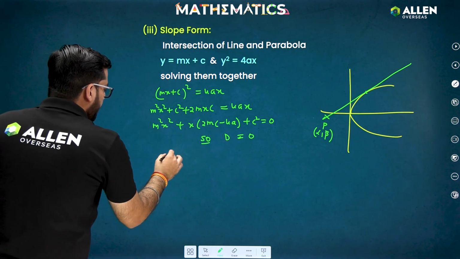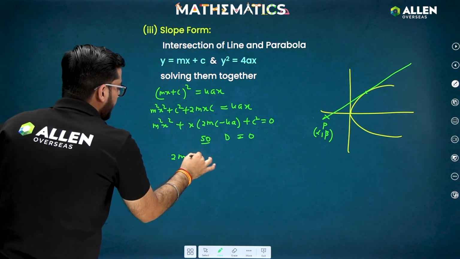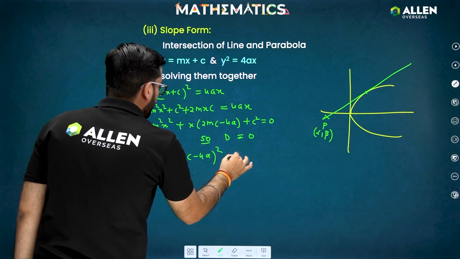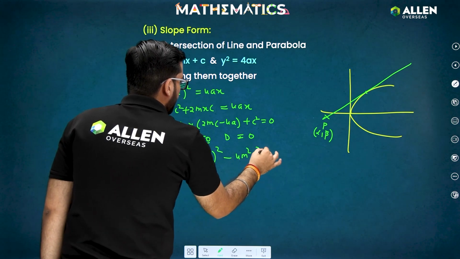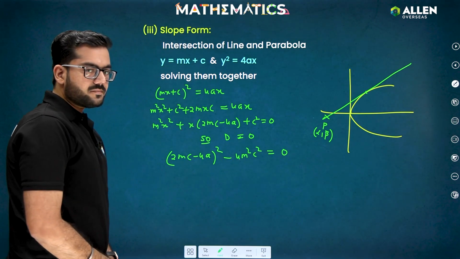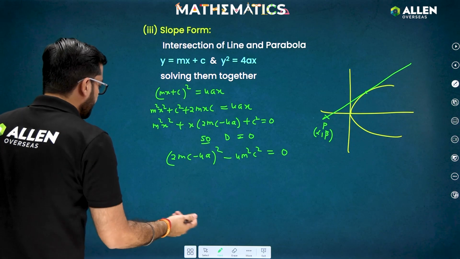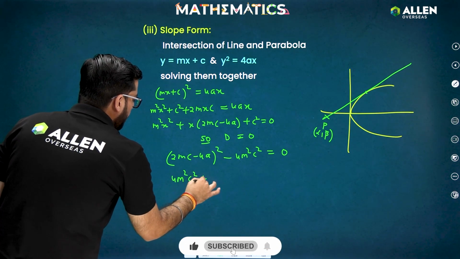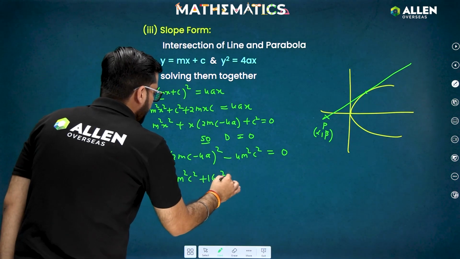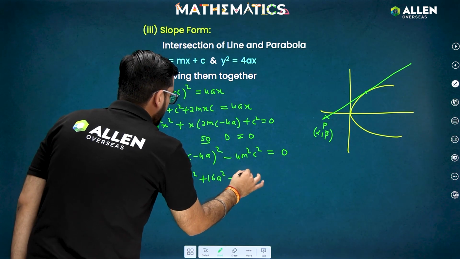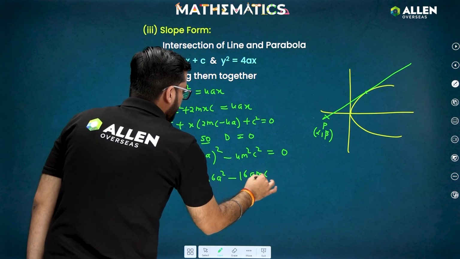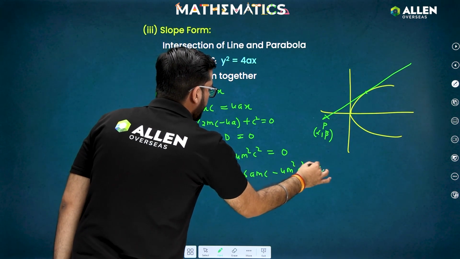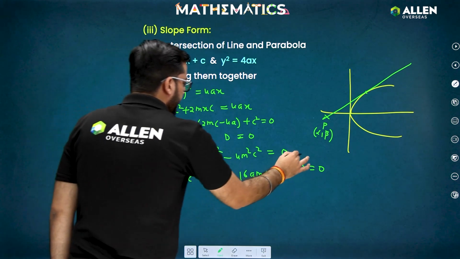So b square, that is (2mc minus 4a) whole square, minus 4ac, that means minus 4 m square c square, should be equal to 0. Now you can solve this equation. This is quite easy. a square, b square minus 2ab, 16a square minus 16amc plus 4m square c square minus 4m square c square is equal to 0. So 4m square c square would be cancelled.